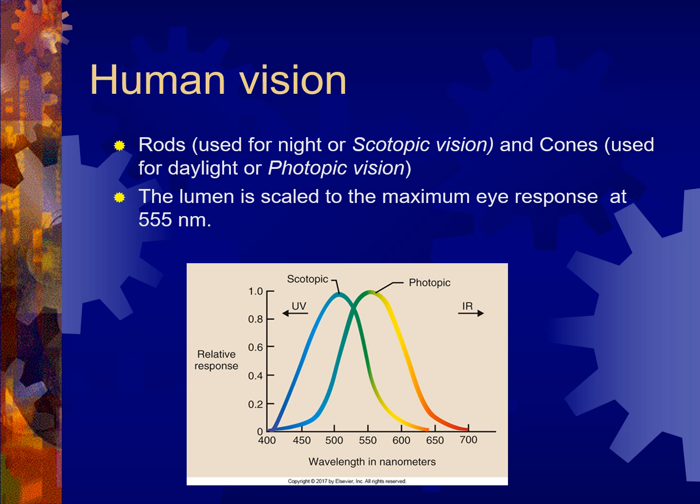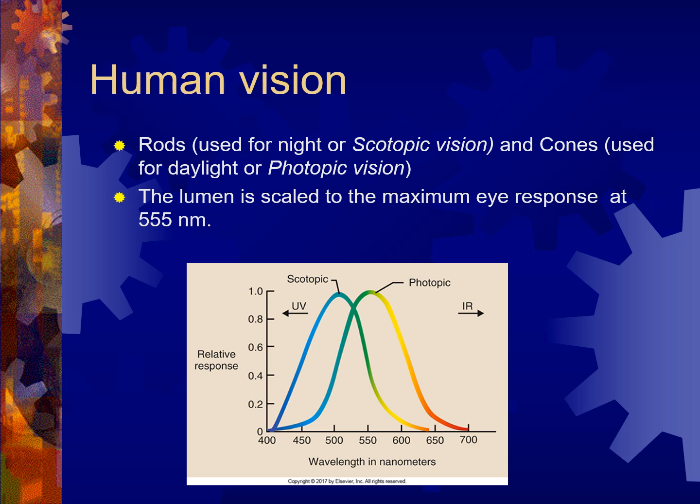Photopic vision is your daytime vision, your color vision. So it's the combination of the rods with contrast mapping underneath, but also adding additional information in the form of three colors and the intensity of three colors.